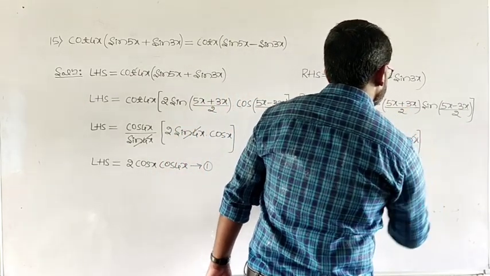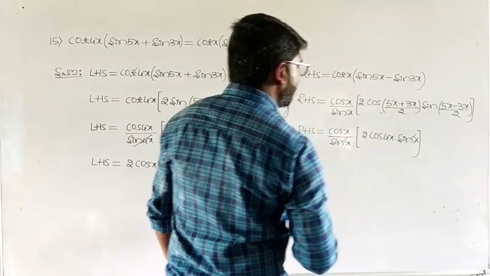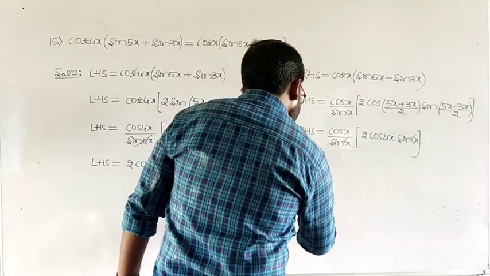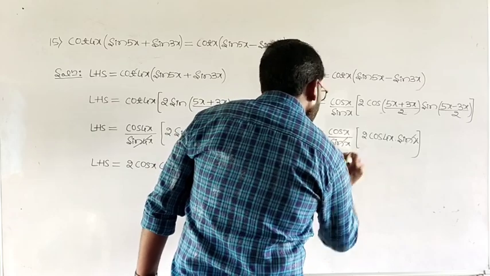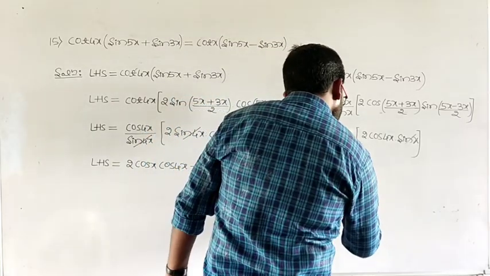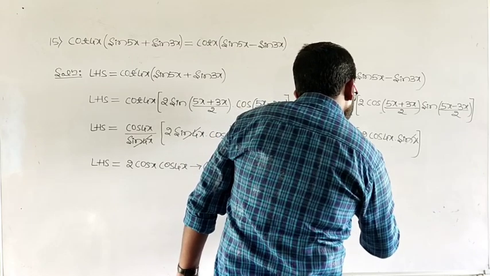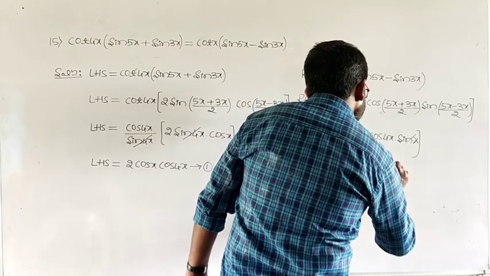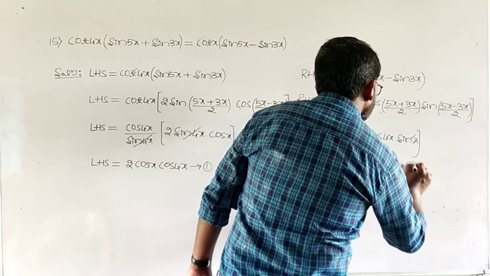So now sin x and sin x get cancelled. Right hand side is equal to 2, I write it in the beginning, then cos x, and then into cos 4x. I call this equation number 2.